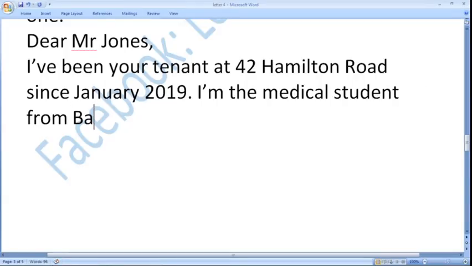from Bangladesh, comma, and you can add one extra sentence here to make it a bit longer.